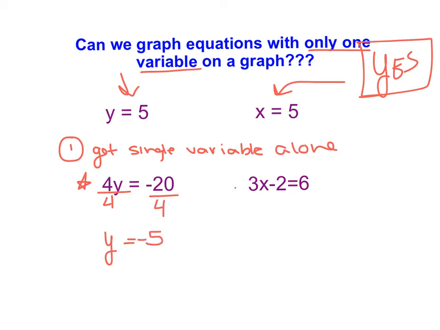Or over here in the second example, we would start off by adding 2 to undo that negative 2. So we have 3x is equal to 8. And then we divide both sides by 3 to get x equals 8/3. So we're always going to start, if we have just one variable, by getting that single variable by itself.